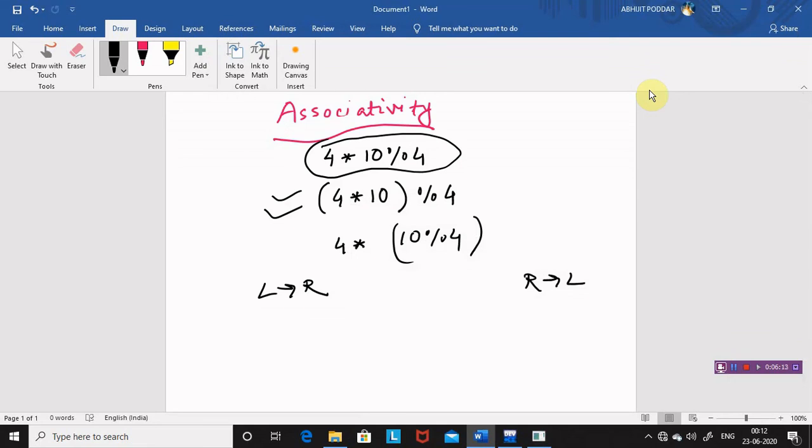But one thing it's very important to note or remember is that associativity property only comes into the picture when the operators have the same precedence. Otherwise, there is no role for associativity. The precedence takes care of the order of evaluation in an expression.